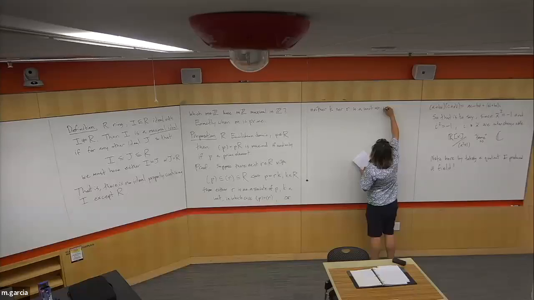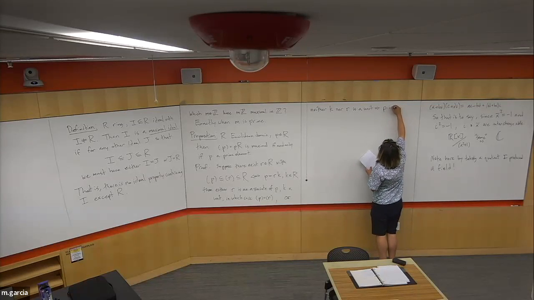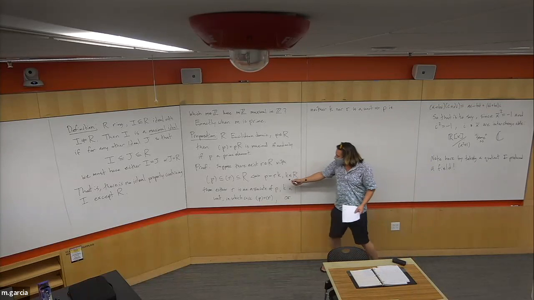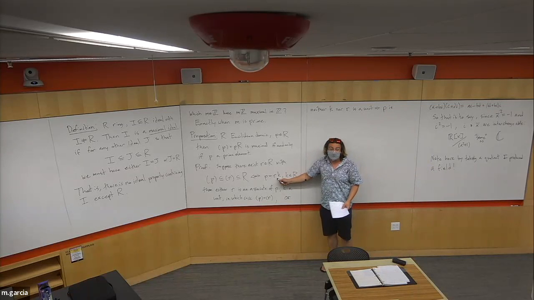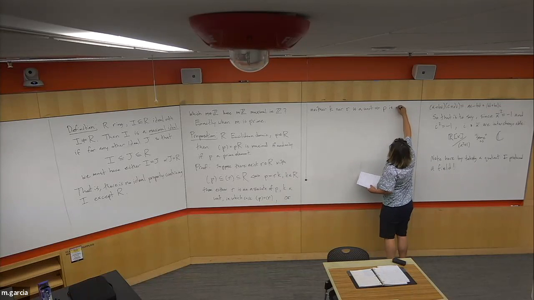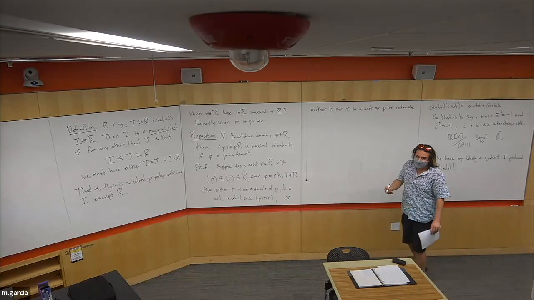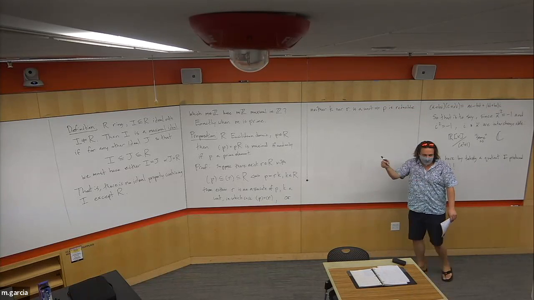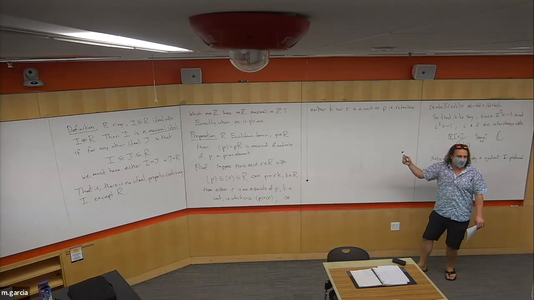Which implies that P is reducible, right? We've written a factorization of P where neither factor is a unit, if that's the case, right? P is reducible. Now remember the key result that we're in a Euclidean domain, so irreducible and prime mean the same thing, right?